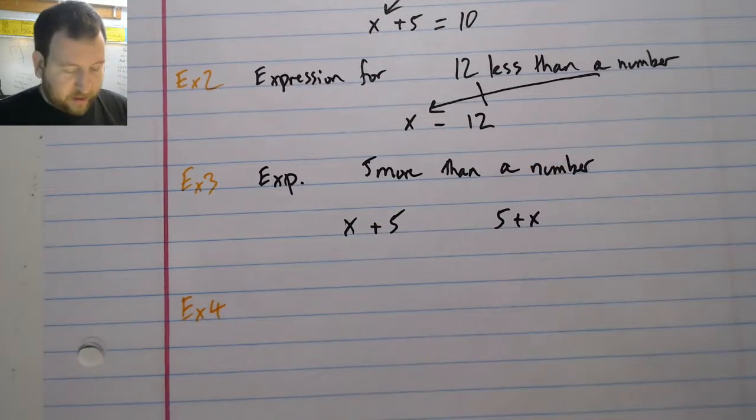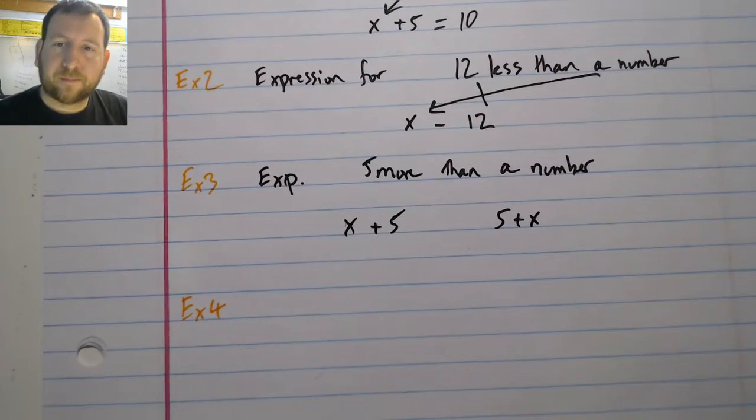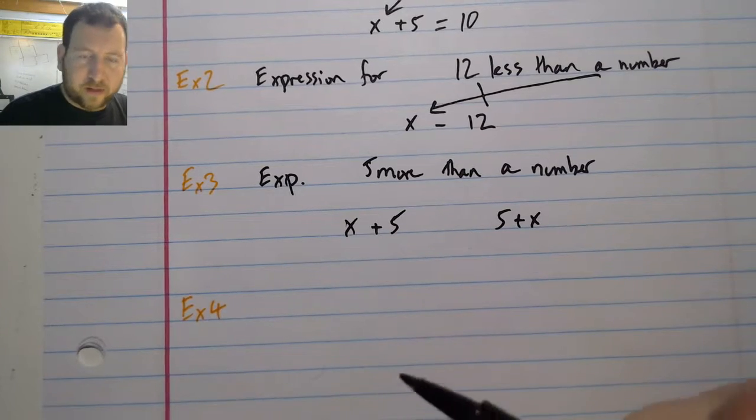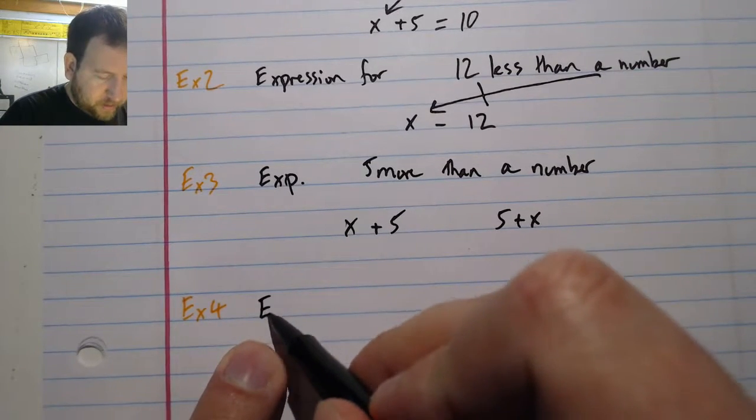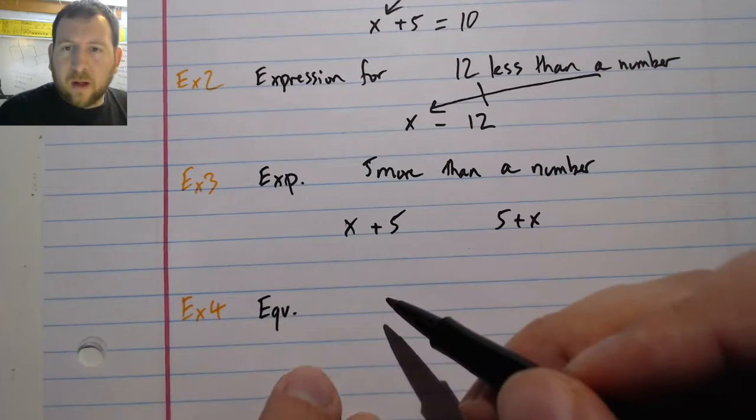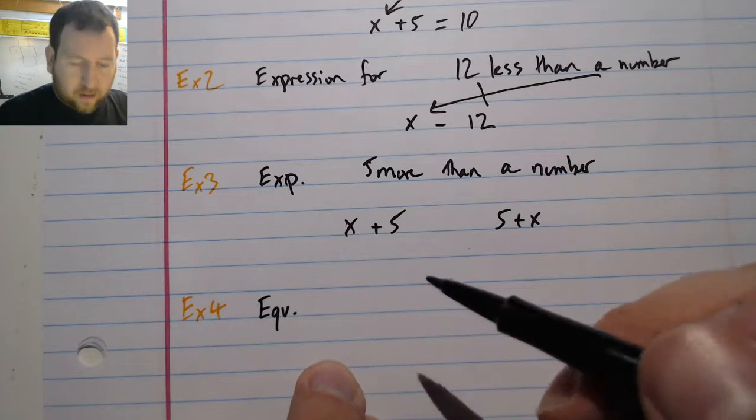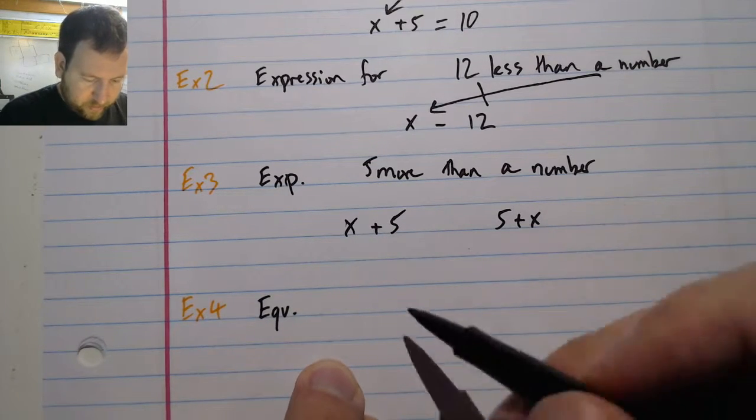Let's take a look at example 4. And here we're going to write an equation: 5 less than a number is 10.